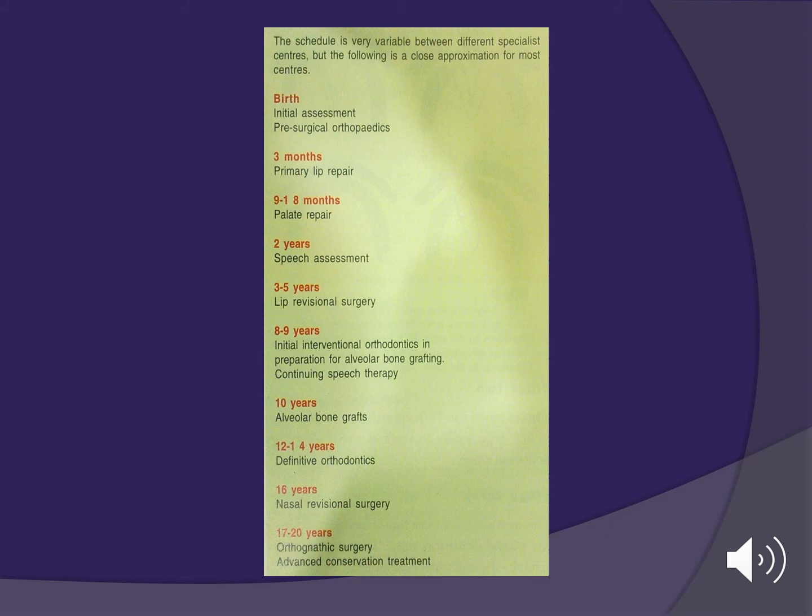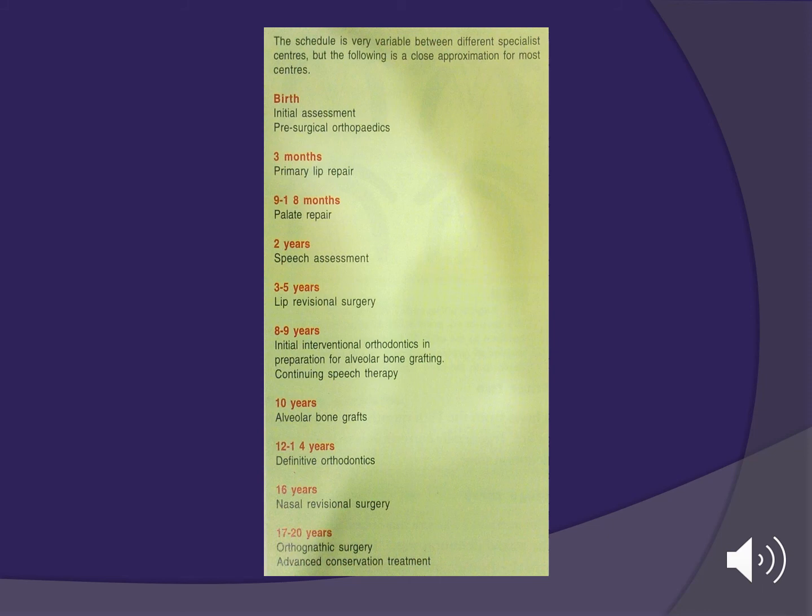And then around 10 years of age, the hospital, usually the plastic surgery department, will do the alveolar bone graft. Then around 12 to 14 years old, only then will the orthodontist start orthodontic treatment for the cleft patient.